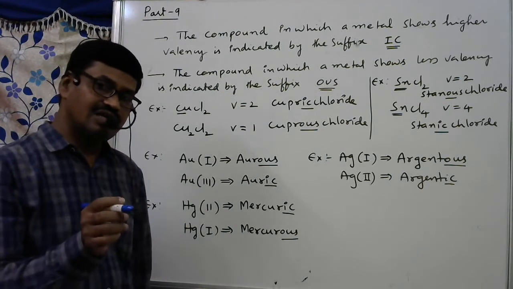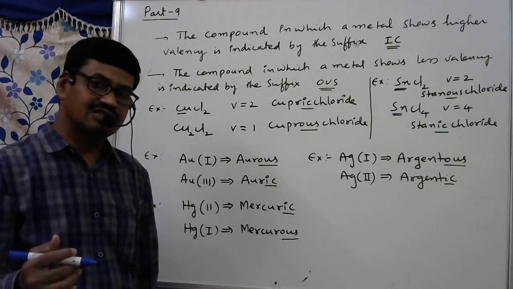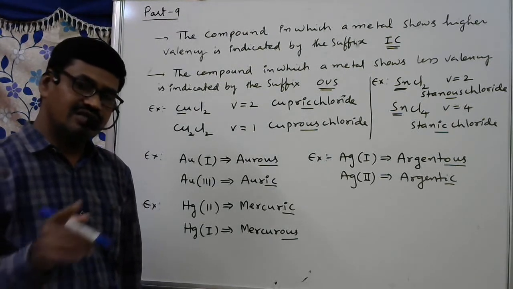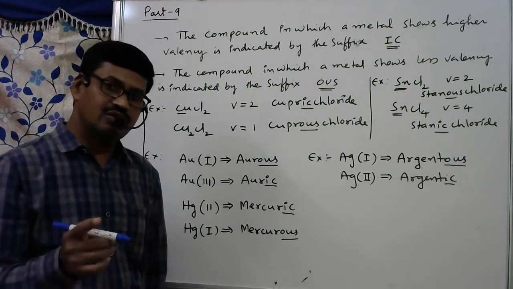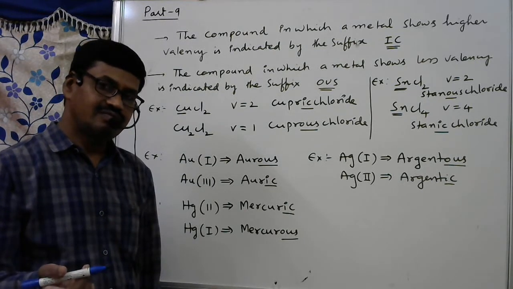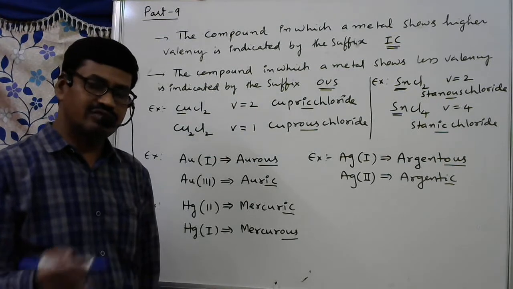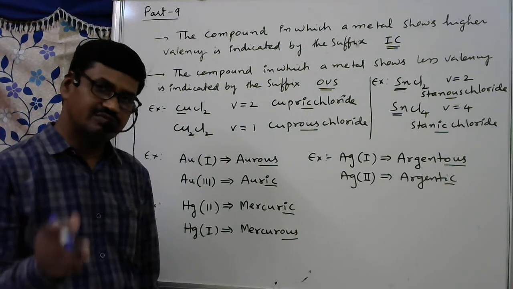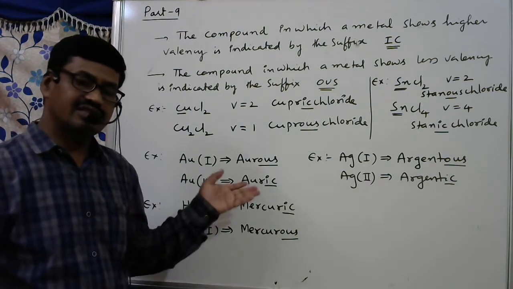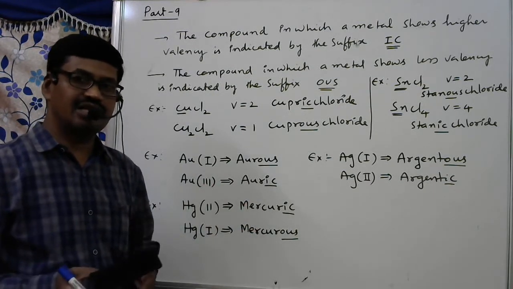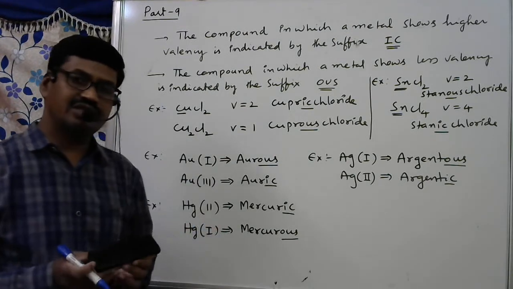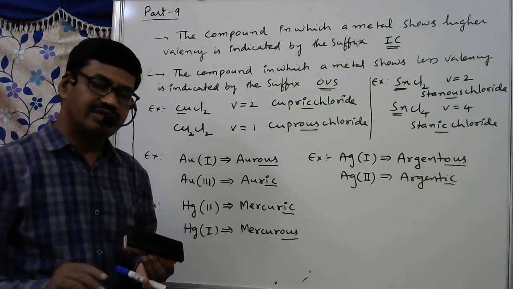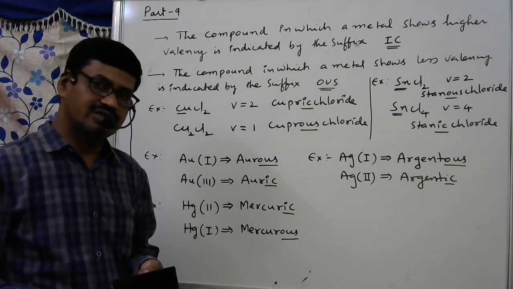If one metal shows two different valencies, one is lower and the other higher. Generally, lower valency takes ous, higher valency takes ic. Those terms we add as suffixes to that metal atom. In the next session we'll discuss variable valency with respect to non-metals and further things.